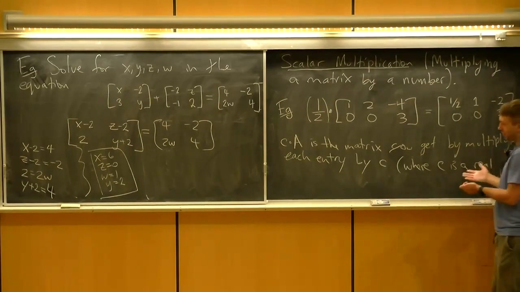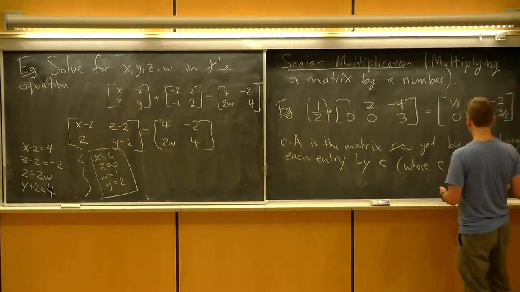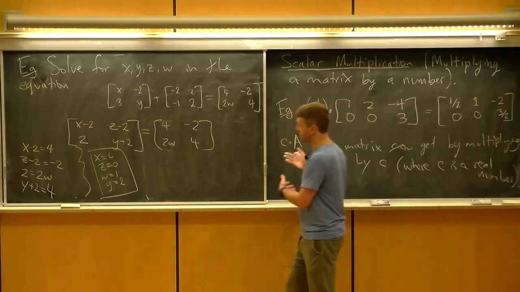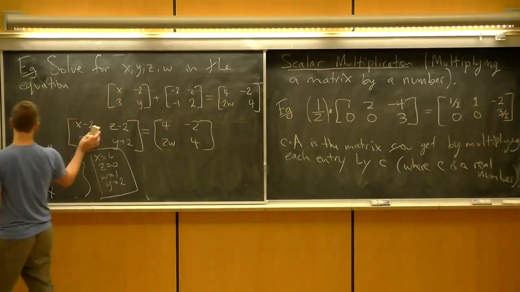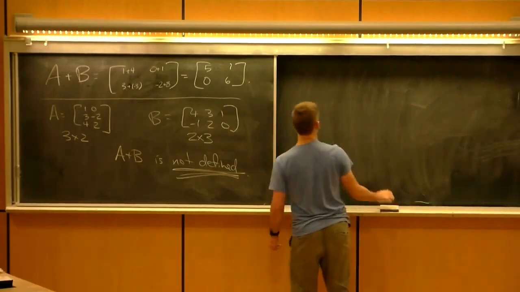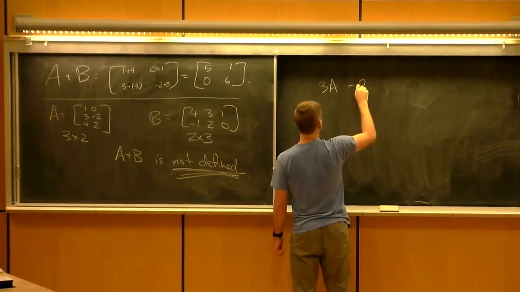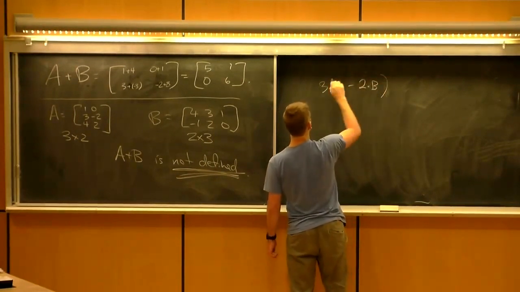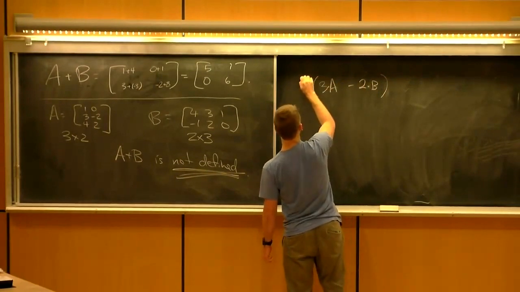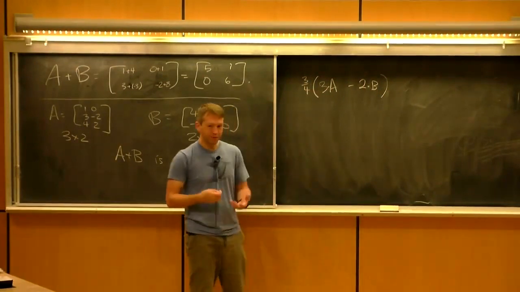By the way, you can also do these operations together. Now that we know how to do scalar multiplication, and we know how to do addition, if, for example, I wrote something like 3 times the matrix A minus 2 times the matrix B, times 3/4 or something, we'd be able to do this operation.